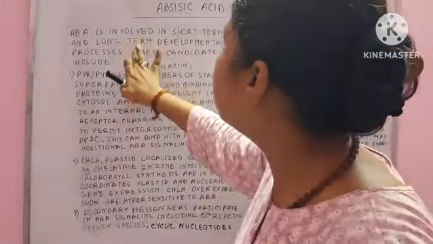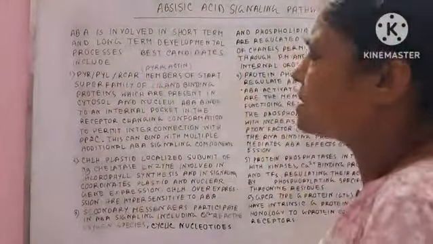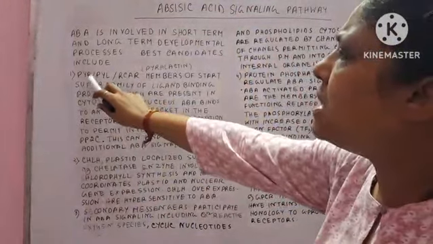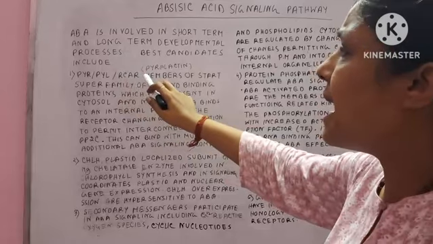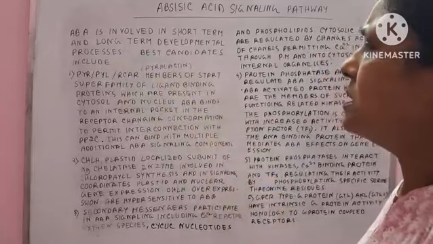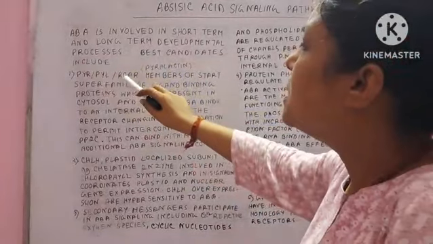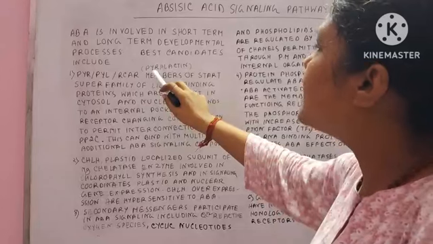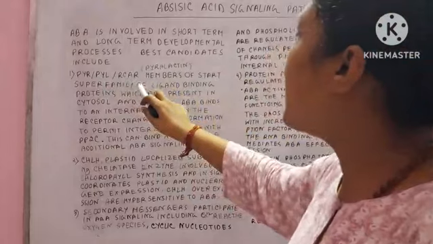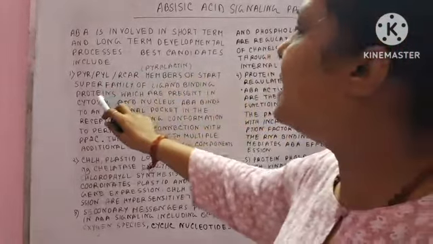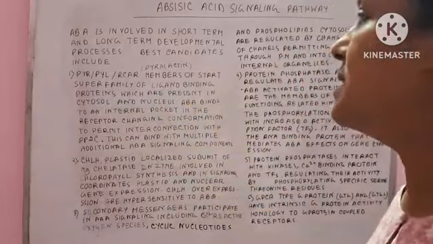Mainly the candidates involved in this ABA signaling process are, first, the PYR, PYL, RCAR. These are the receptors. Sorry, these are known as the pyrabactin resistance members of the START superfamily of ligand binding proteins, and they are present in the cytosol and the nucleus.